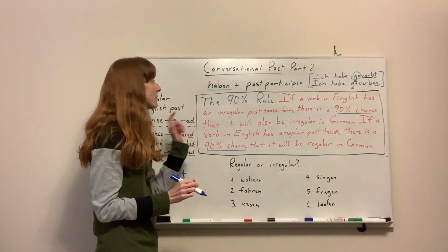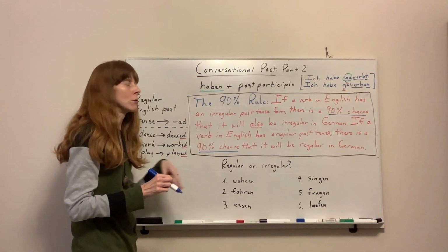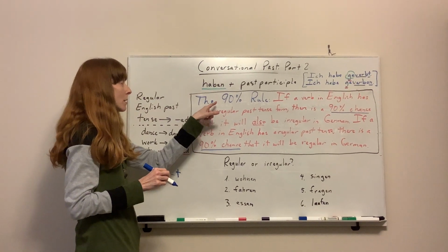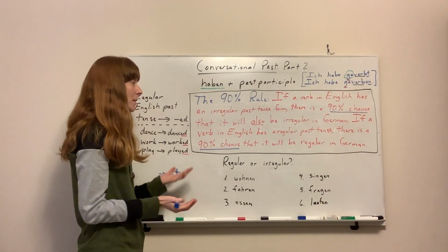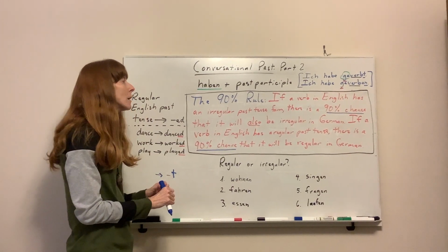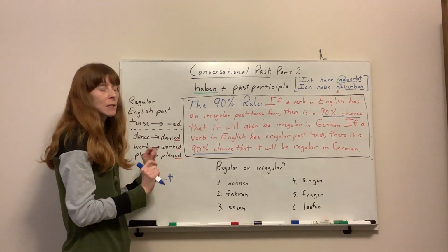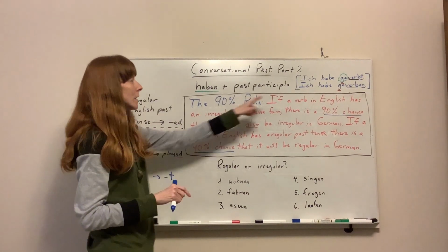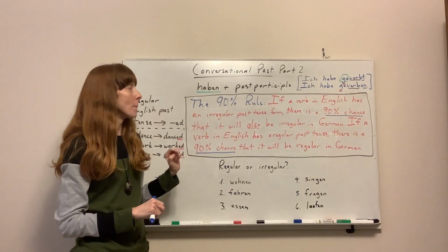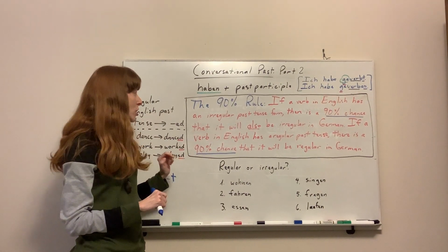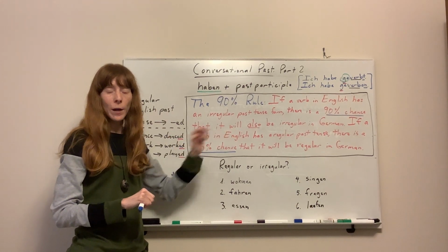But what I've noticed after looking at these for many, many years is there's a 90% rule. Now, you're not going to find this in any textbook. This is something that I've just noticed over time. 90% of the time, this will work. If a verb in English has an irregular past tense form, there's a 90% chance that it will also be irregular in German.